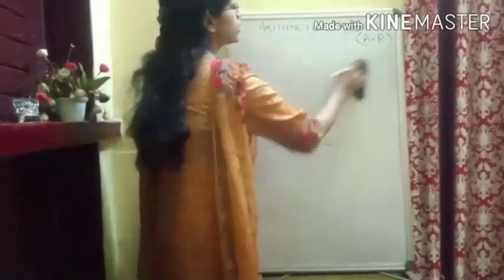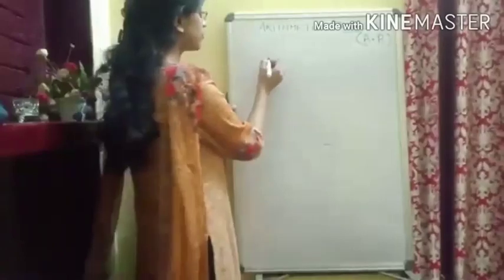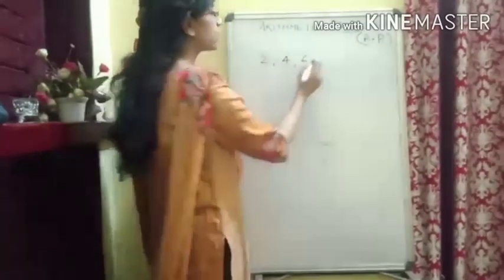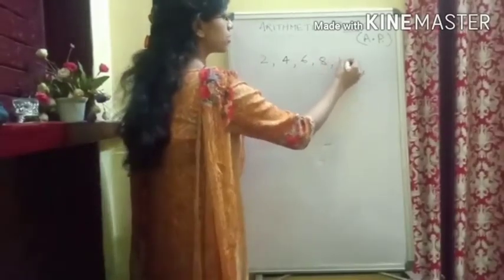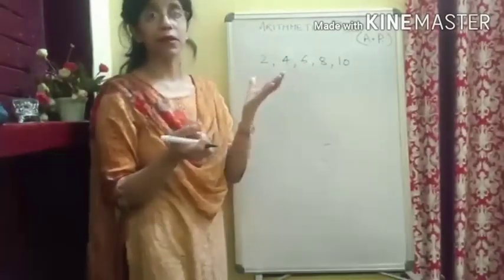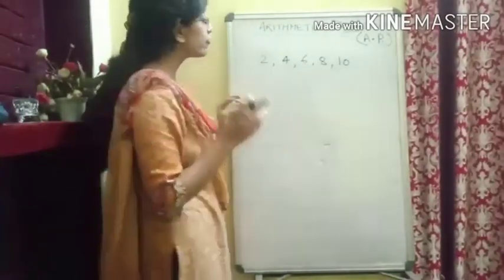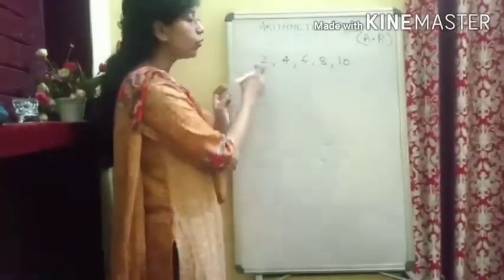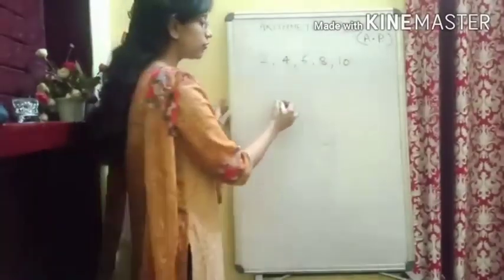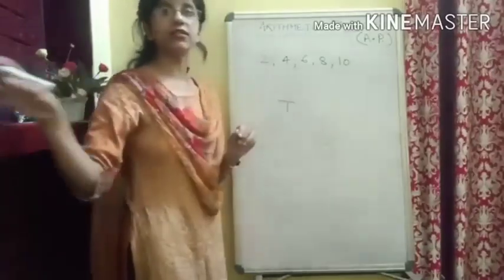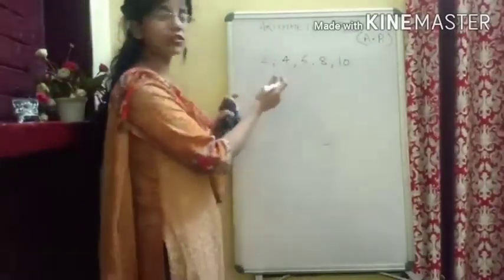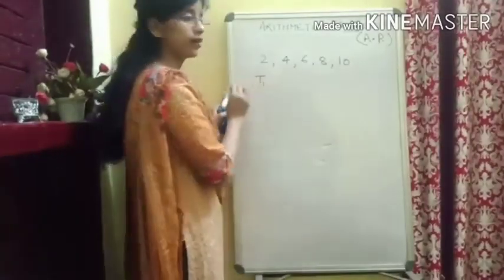Okay. Now let's further see this sequence, 2, 4, 6, 8, 10. I am taking a very common sequence. If I ask you how many numbers are there, you will say 5 numbers. The very first term is 2. The terms in any progression or sequence are denoted by the capital letter T. So if I ask you how to denote the first term, that would be T1.